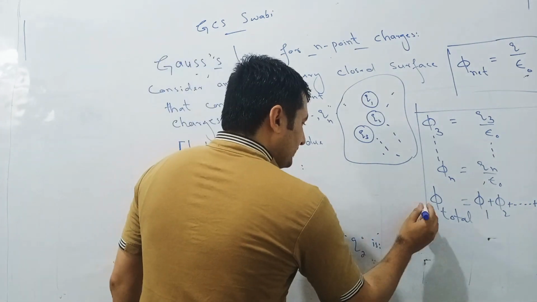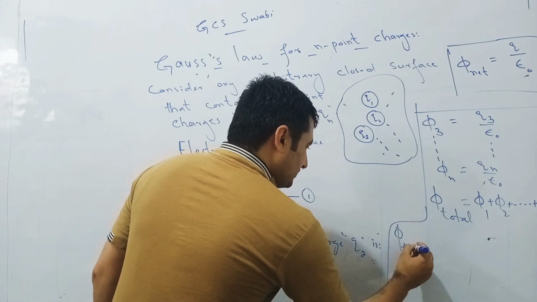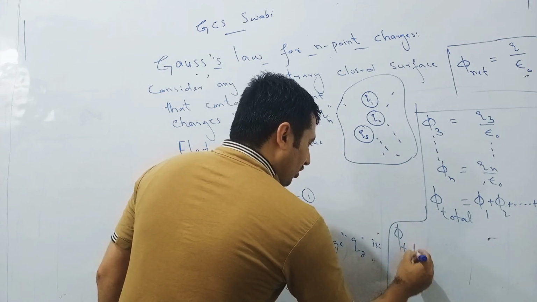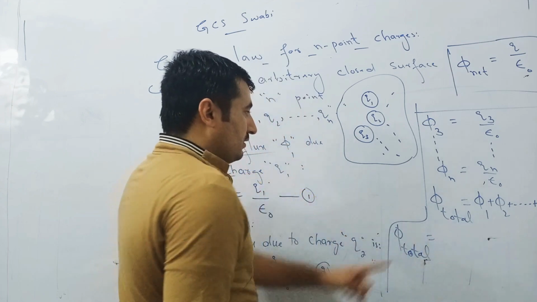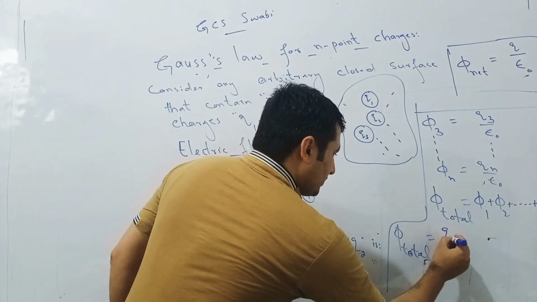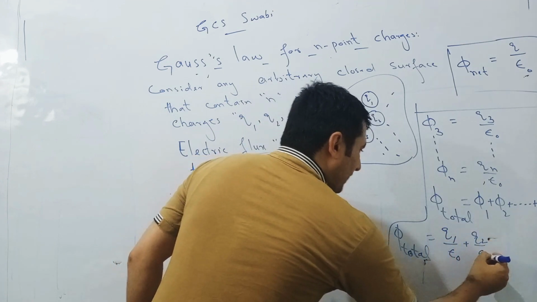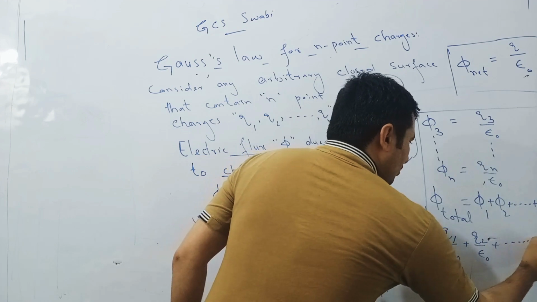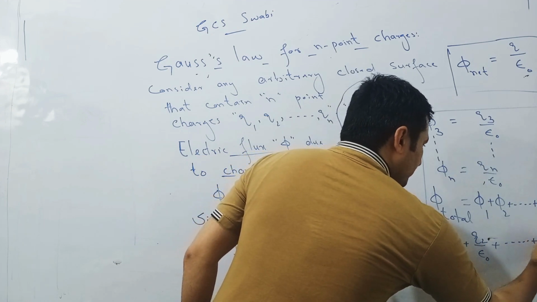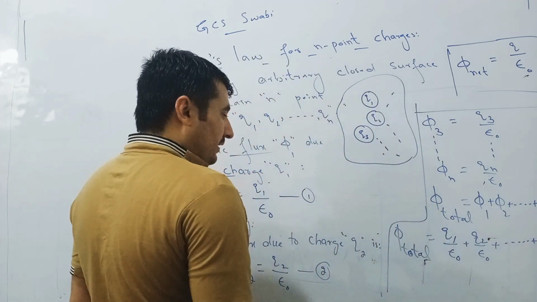So what do we get? We get the final equation just by inserting all these values. Flux phi 1 is Q1 by epsilon naught, plus Q2 by epsilon naught, and so on, the last one being Qn by epsilon naught. Clear?